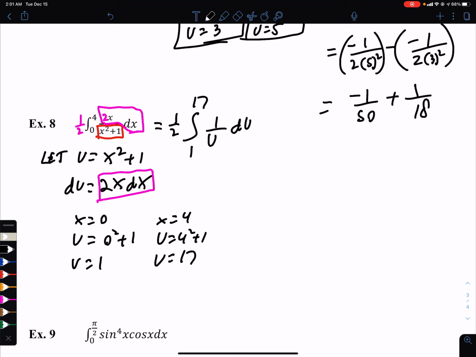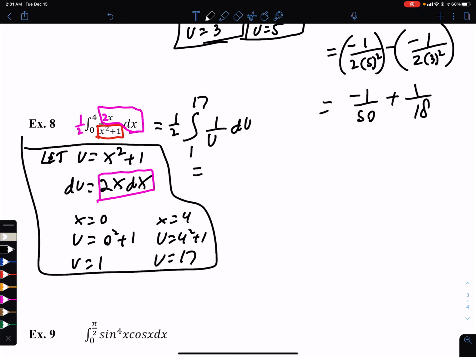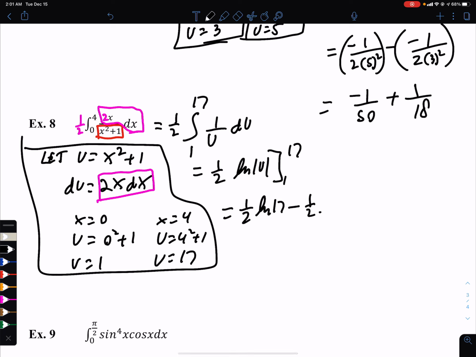All right, let's keep going. Let me box this off so I don't confuse that. So I have a 1/2. The antiderivative of 1 over u is ln absolute u from 1 to 17. So I plug in the 17 first. I don't need the absolute value because it's already positive. Minus 1/2 ln, I put a 1 there.